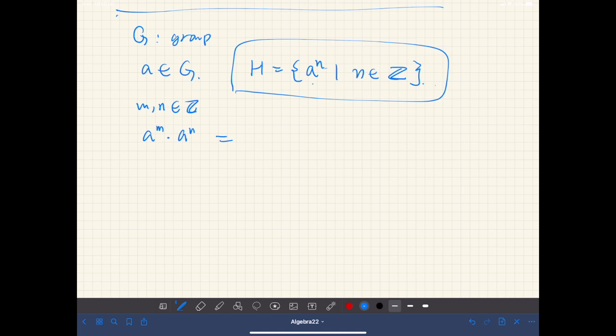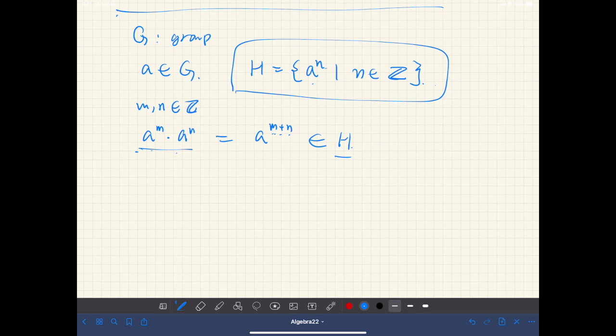As we have defined the powers of any element of a group, this is equal to A to the power of M plus N, which is obviously an element of H, because M plus N is an integer. So H is closed under multiplication.